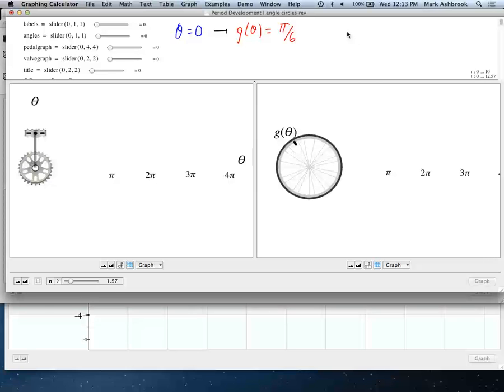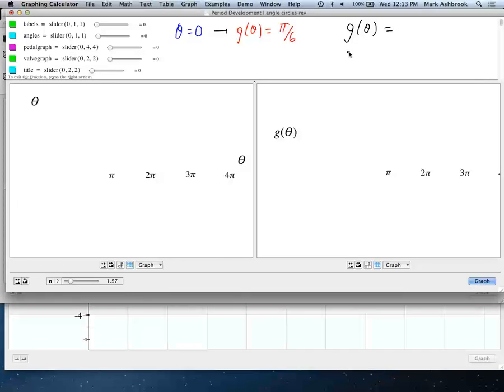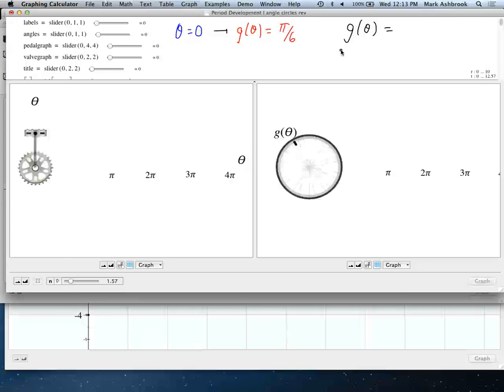Okay, so what I want you to do is, I first want you to write the function g of theta for this situation, and then write a new T of theta, which is the horizontal distance from the vertical diameter in radius lengths of the tire valve.